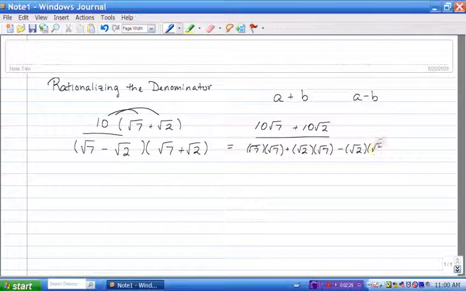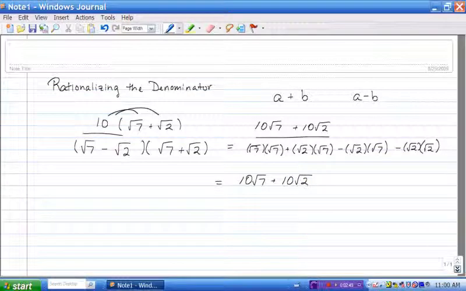And my last times my last would be negative radical 2 times a radical 2. Now what's in the numerator can't be simplified, so I'll just bring it down. The only way you can add radical expressions is if they have the same radicand and the same index. And we don't have that, so all we can do is leave it like it is.